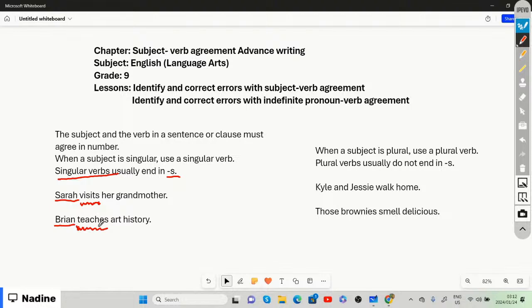And that is basically where we say that when a subject is singular, we use a singular verb, because the subject and verb need to be in agreement.